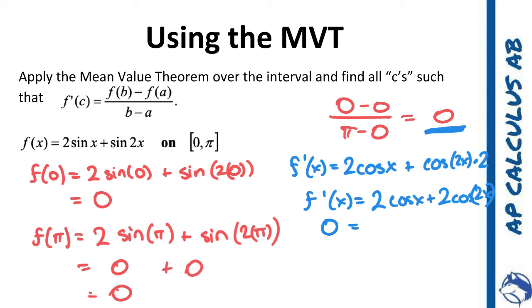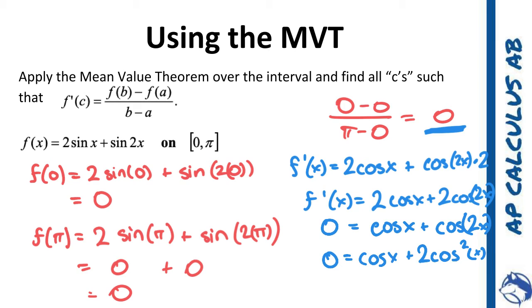And what's good about that is I can actually get rid of the 2's in front, so I'm left with just the cosine of x plus the cosine of 2x. And so then all I'm going to do here is I'm going to use an identity. Well, the cosine of 2x is the same thing as 2 times the cosine squared of x minus 1.